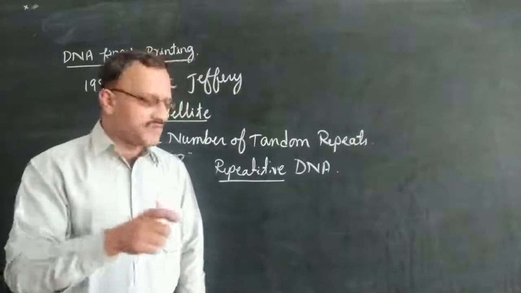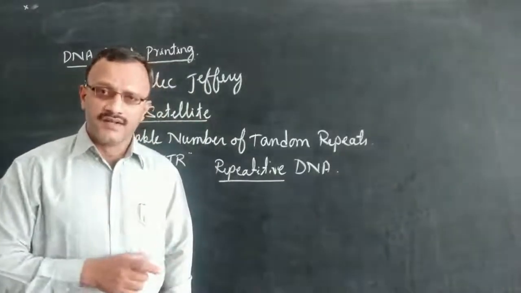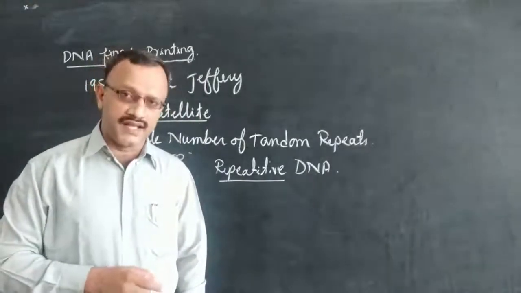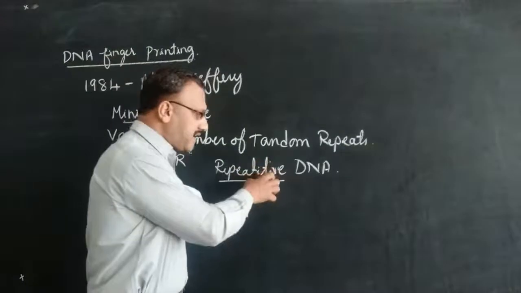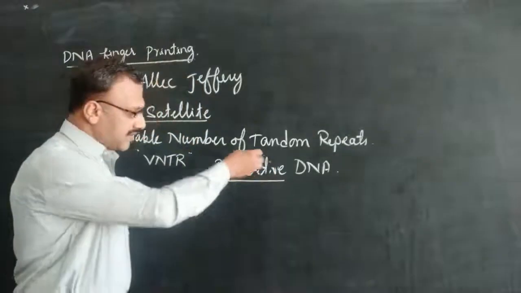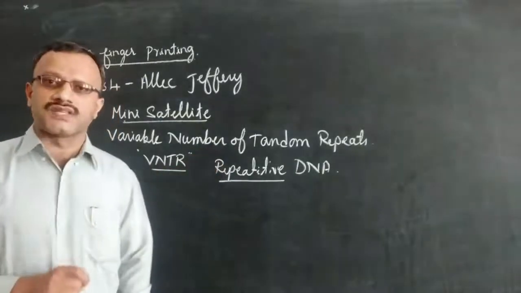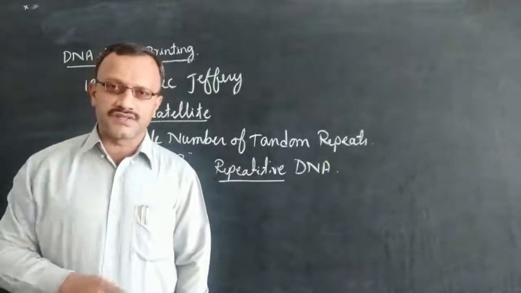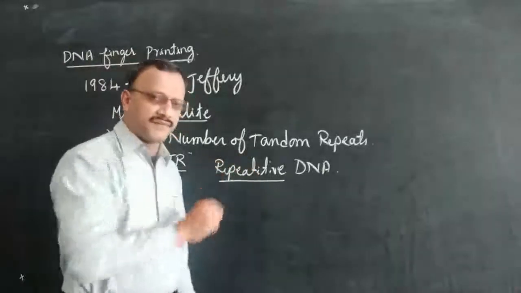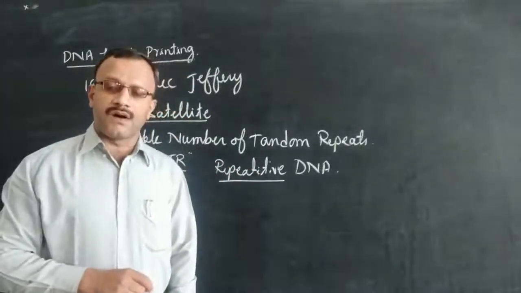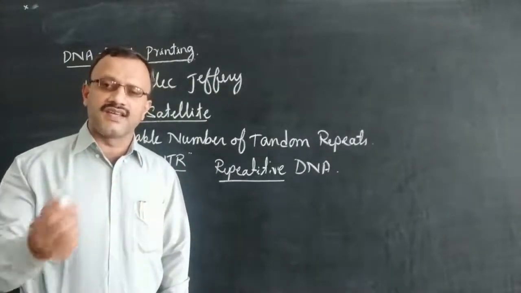The number and position of this repetitive DNA is unique to each personality. No two individuals show the same type of repetitive DNA, linked with VNTRs, in number or in position in the DNA and chromosome.